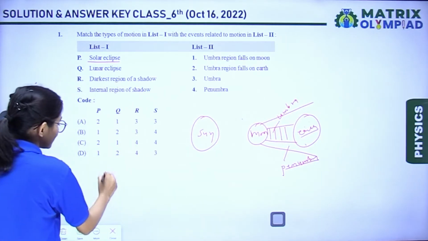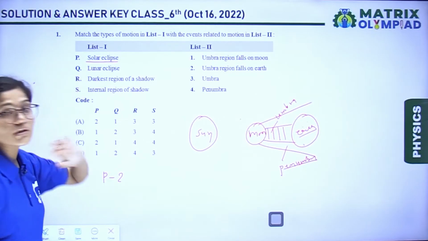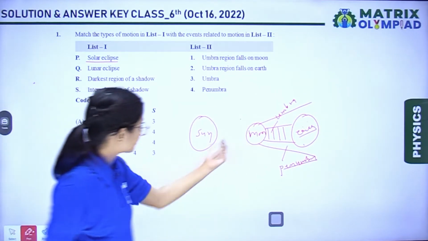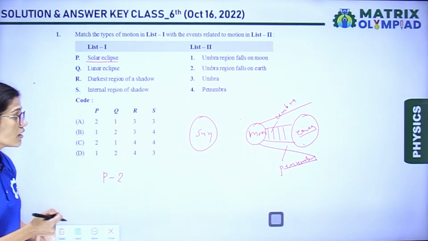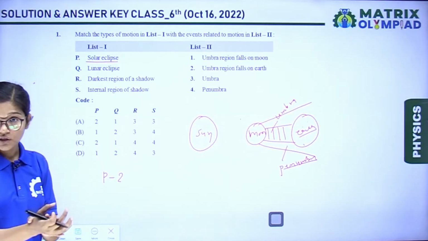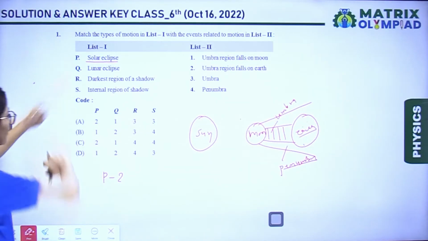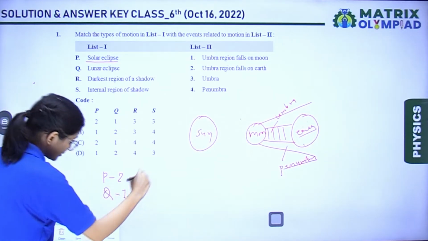So for P, our second option matched. Okay, a lunar eclipse is a situation in which the earth comes between the sun and the moon. In this situation, the shadow of the earth is formed on the moon, so the umbra region will fall on the surface of the moon. So for our Q option, that will be the first answer.